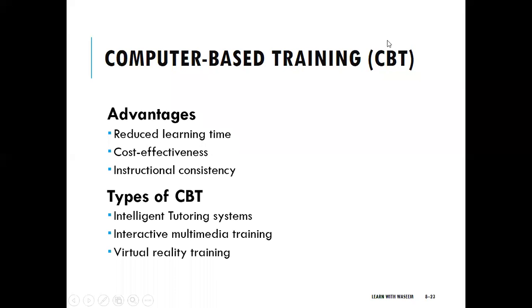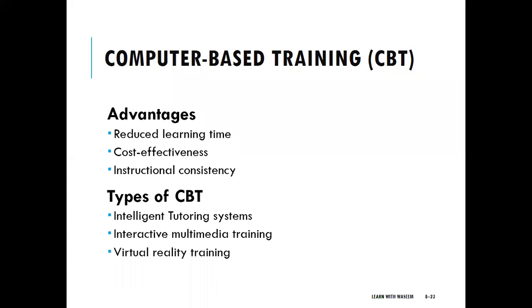Types of computer-based training. The first one is the intelligent tutoring system. The second one is interactive multimedia training. And the third one is VR training, like virtual reality training.